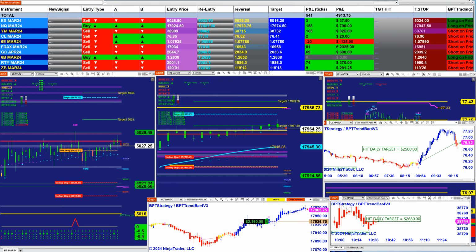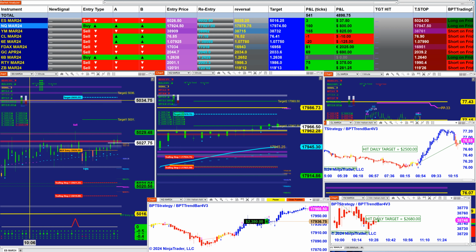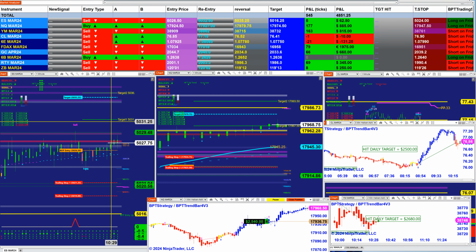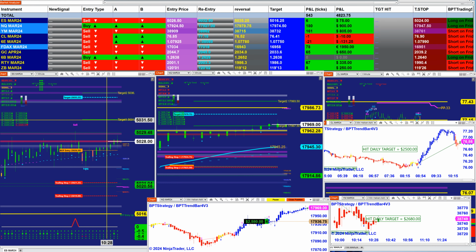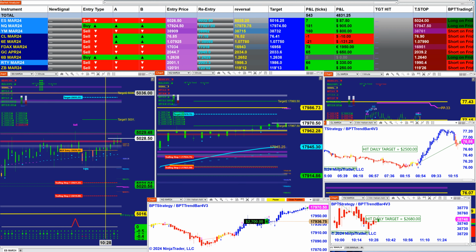The same thing with the ES, it's a bit slow to gather its energy to break the last bumper in the market, but absolutely I'm expecting the ES today in the morning session to close target 1 at 5,031 and climb into target 2 at 5,036. The way the situation is right now, this market is climbing to those levels.